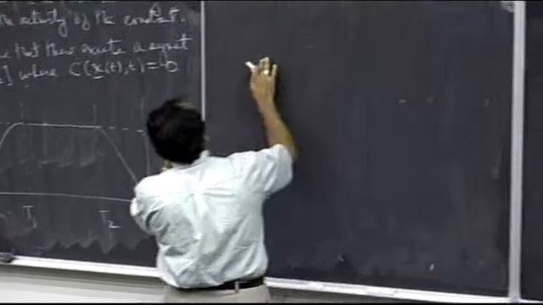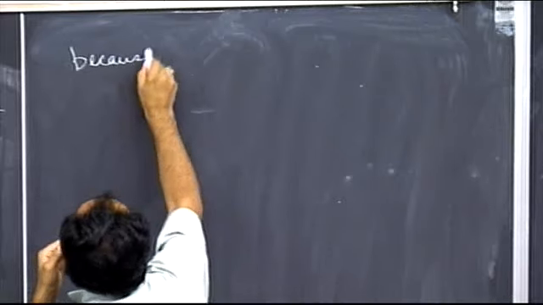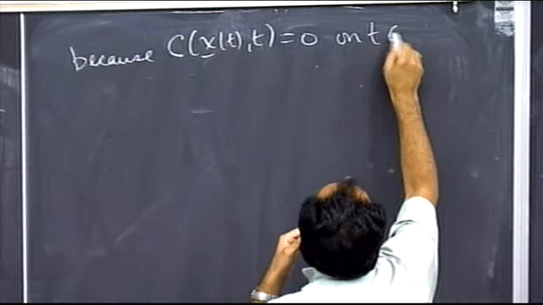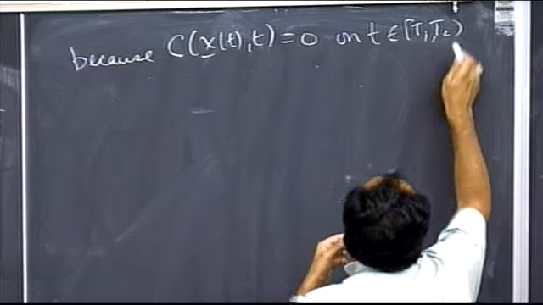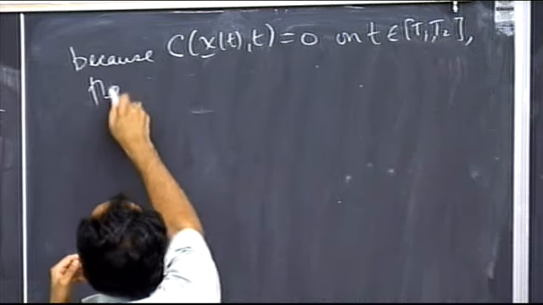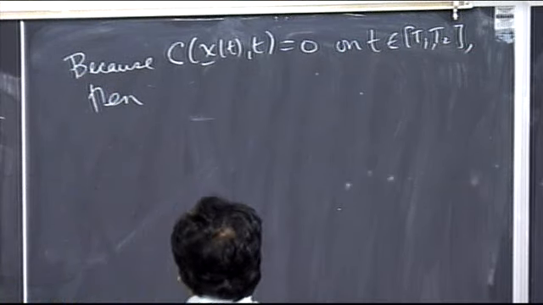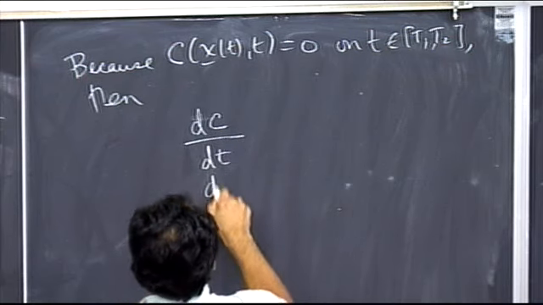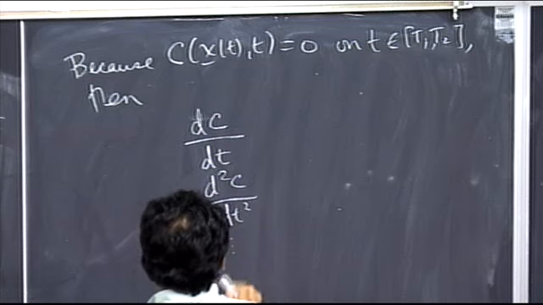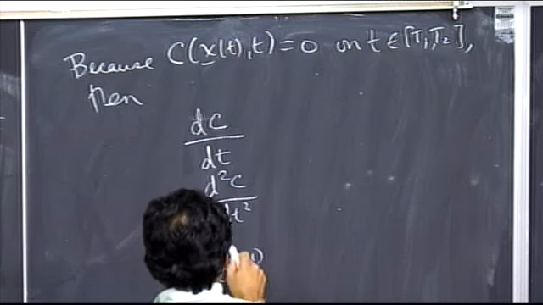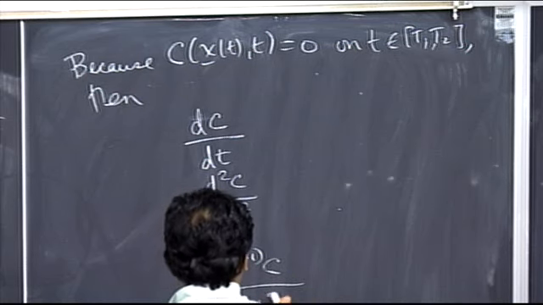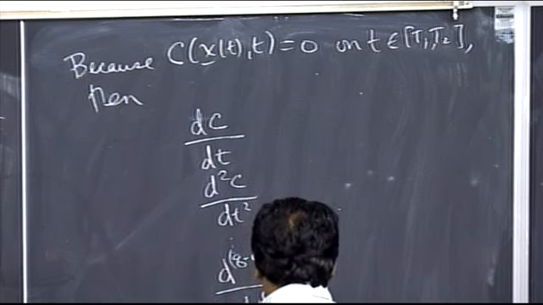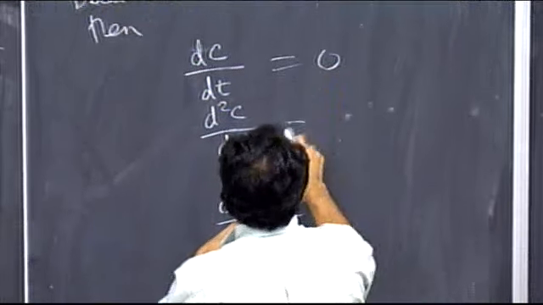We know that, because C of x of t and t is equal to 0 on t in T1, T2, then the following must be true: all the derivatives, dC/dt, d second C/dt second, up to d^(q-1) C/dt^(q-1), and then all the way down to d^q C/dt^q. These all have to equal 0, right?